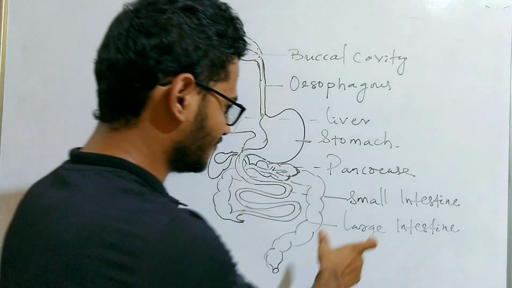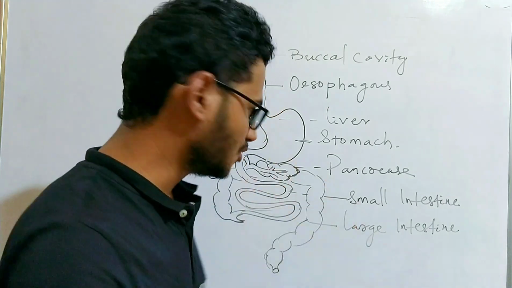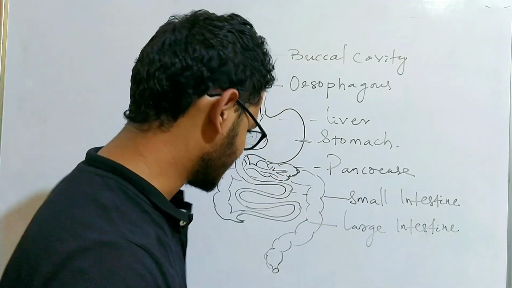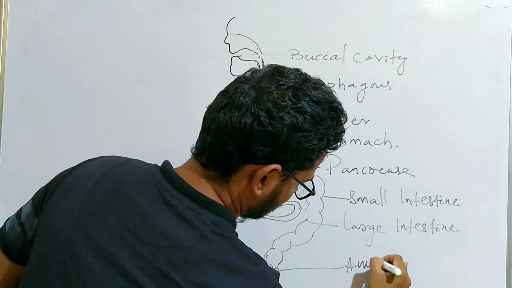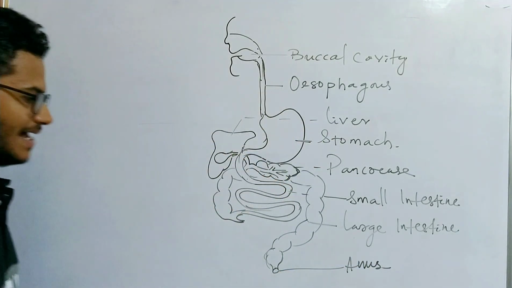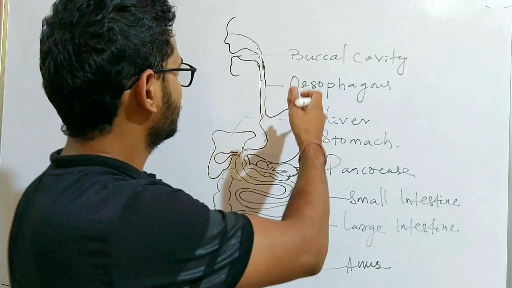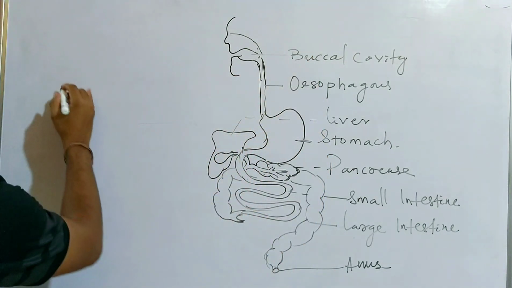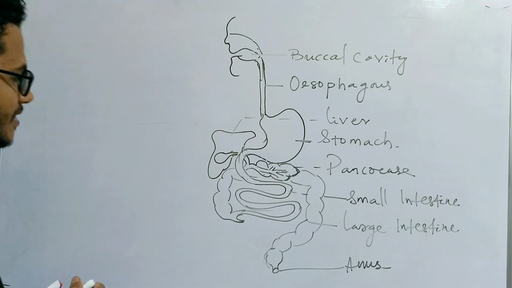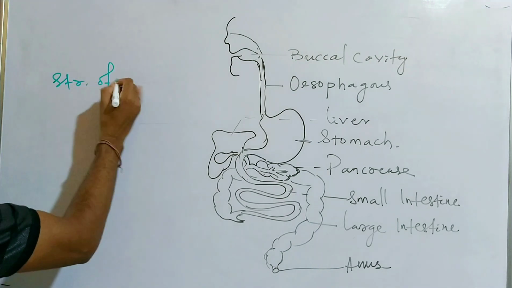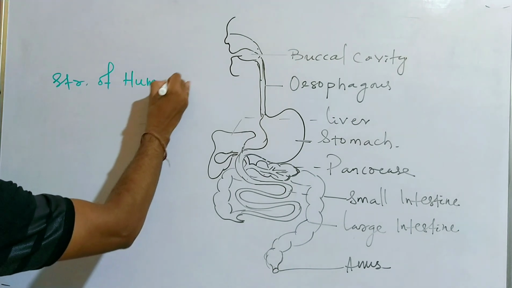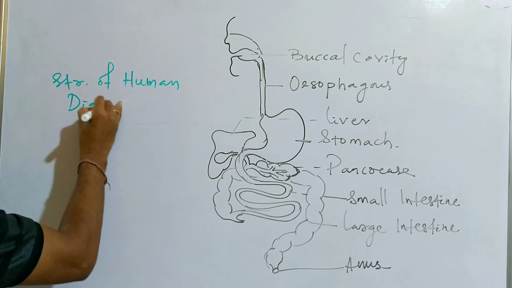The diameter of large intestine is much more as compared to the small intestine. Finally we have the anus at the end. This figure represents the structure of human digestive system.